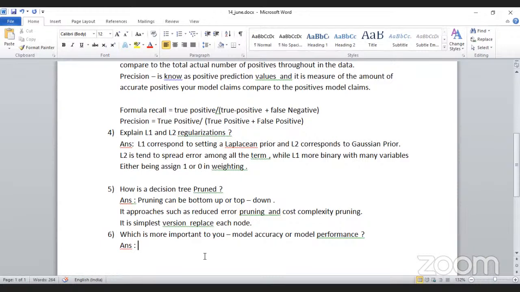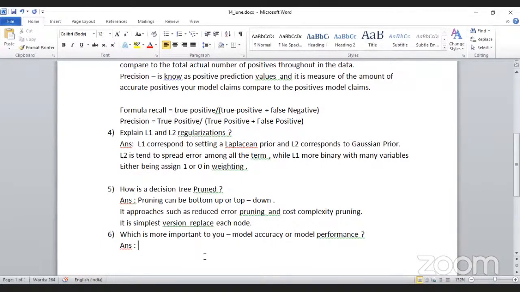So there can be a model with higher accuracy that can perform worse in predictive power. Okay, how will that work? See, model accuracy is just a subset of model performance.